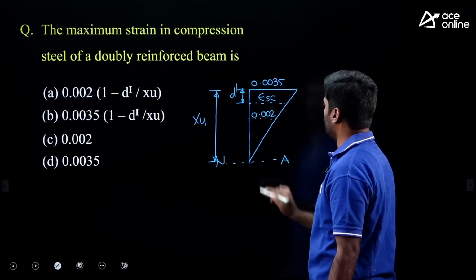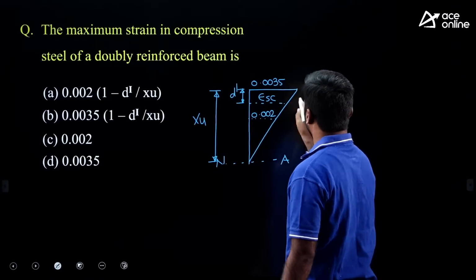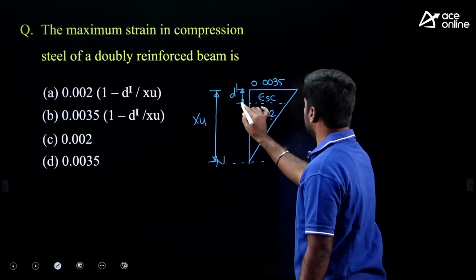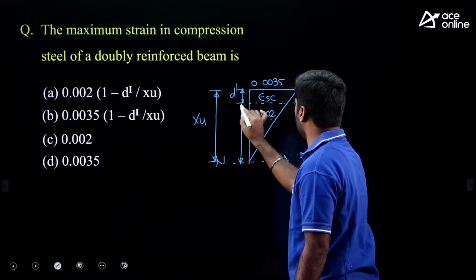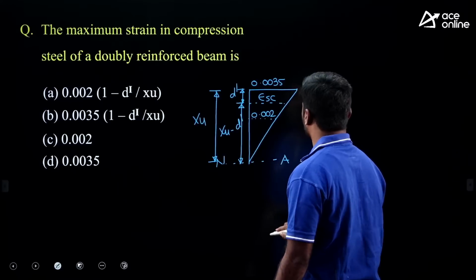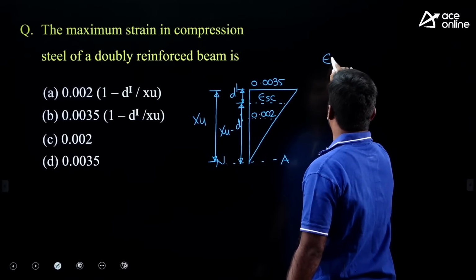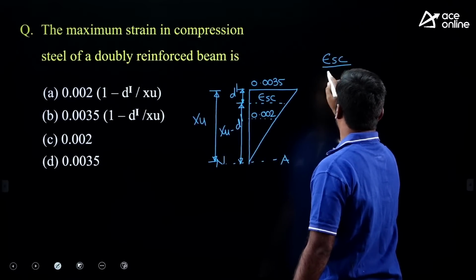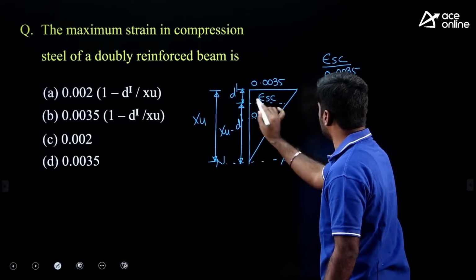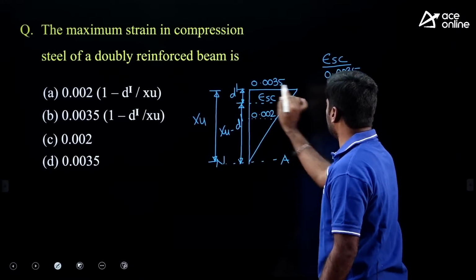We want epsilon SC. Very simple, my dear. From similar triangles, we can find this. See, this distance is XU minus D dash. I can write epsilon SC upon 0.0035 from similar triangles. This is one triangle, this is another triangle.